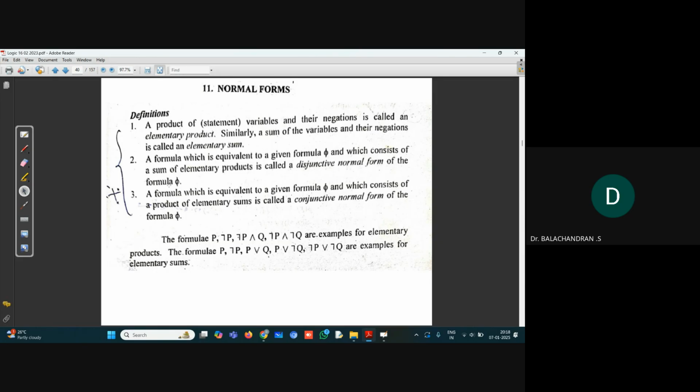Similarly, a formula equivalent to a given formula phi which consists of a product of elementary sums is called conjunctive normal form, CNF. For example, the formulas P, negation P and Q, negation P and negation Q are examples of elementary products. The formulas P, negation P, P or Q, P or negation Q, negation P or negation Q are examples of elementary sums.